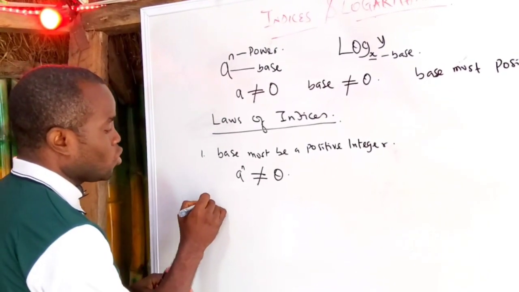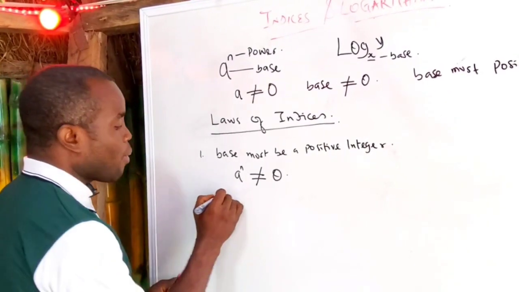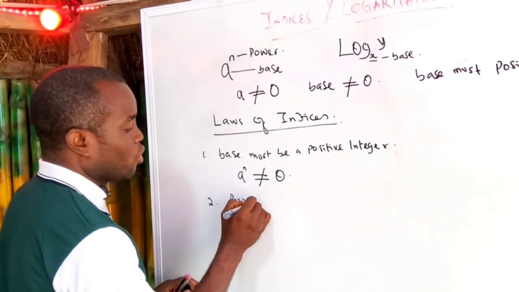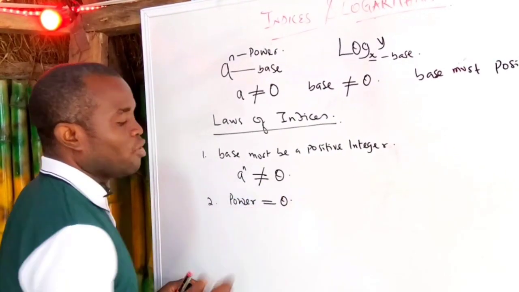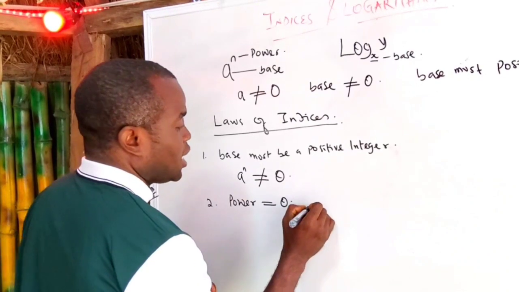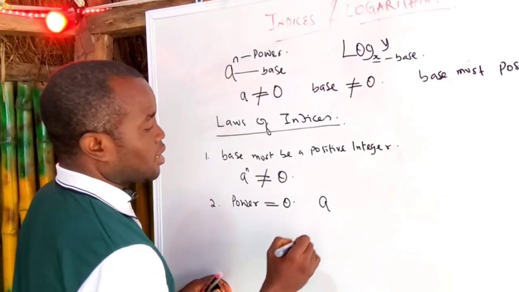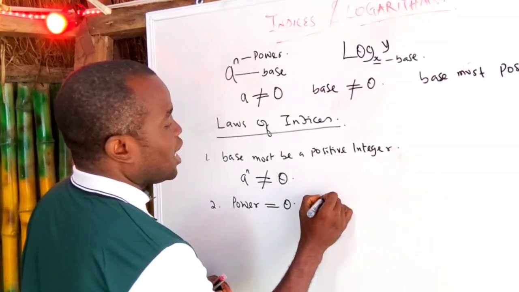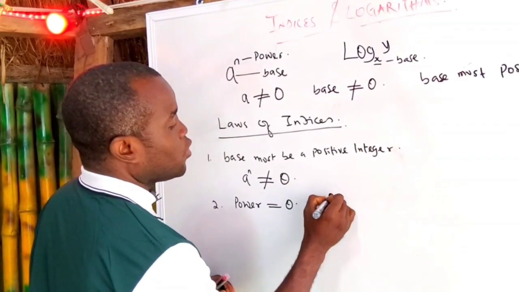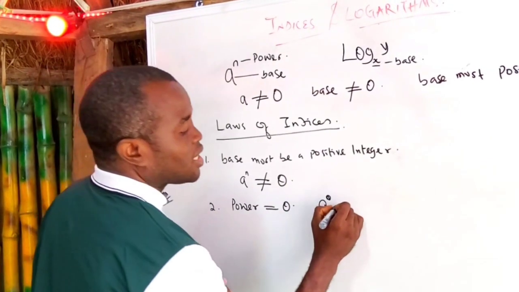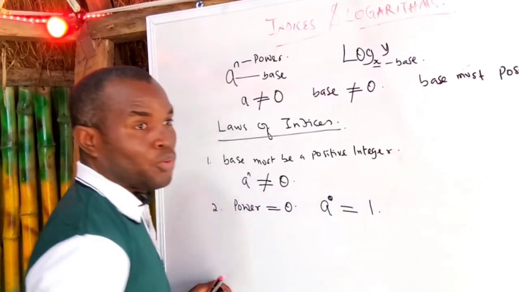Number two, if you have your power as equals to 0, it simply means that if you have an indices of base A and power 0, law of indices says that this is equals to 1.